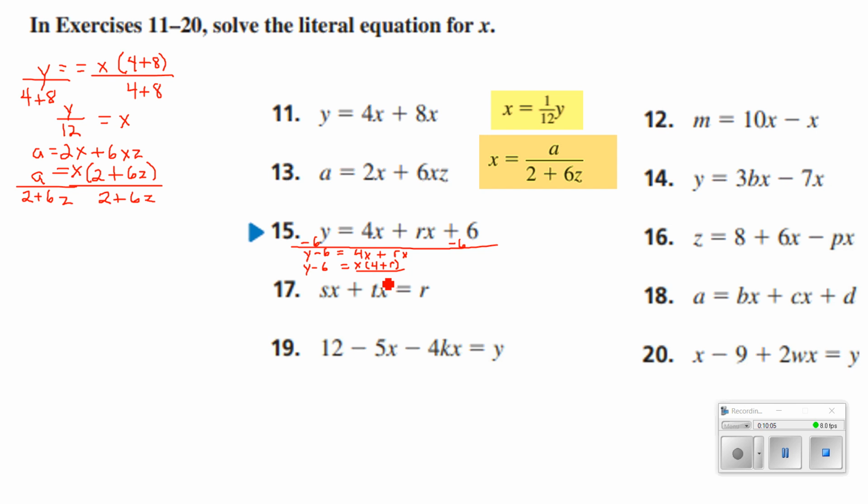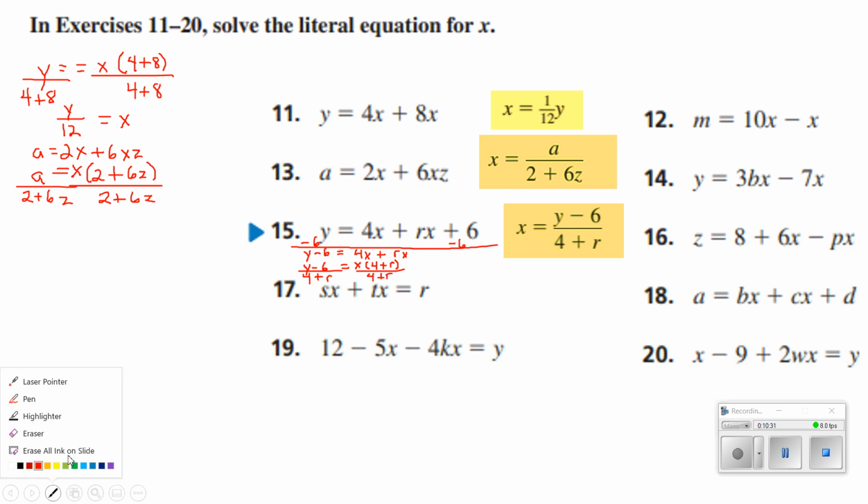Then I'm going to simply divide the 4 plus r away, which means I have to divide it from this side. I should end up with y minus 6 over 4 plus r equals x. Y minus 6 divided by 4 plus r. All right, let's go to number 17.